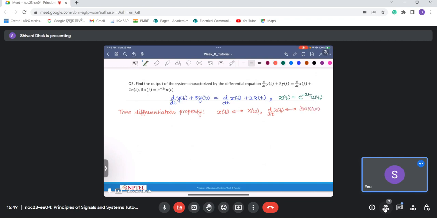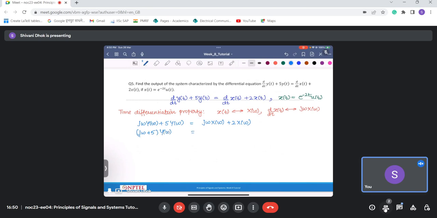So if I use this property for solving this differential equation, then d dt of y t will have Fourier transform of j omega y of omega plus 5 times y of omega, which is equal to j omega x of omega plus 2 times x of omega. So I can take out this y of omega common, something like this.